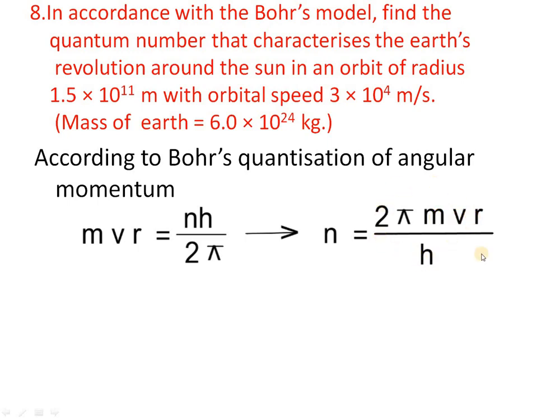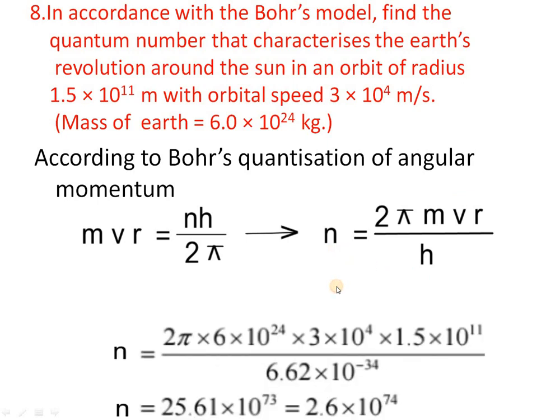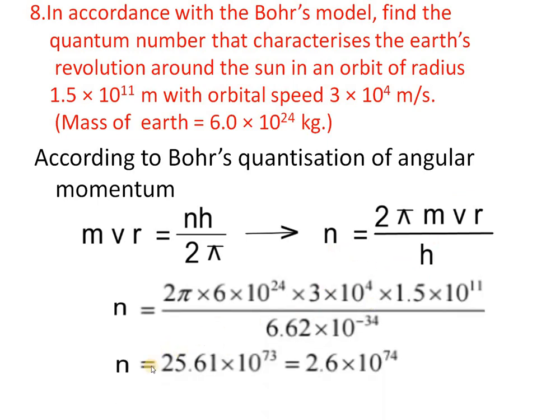So substitute all the values, we will get n. If you substitute all the values, you will get the value of n equal to 2.6 into 10 power 74. This is nothing but the quantum number that characterizes the Earth's revolution around the Sun.